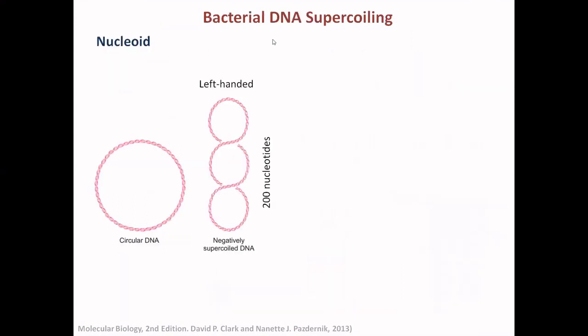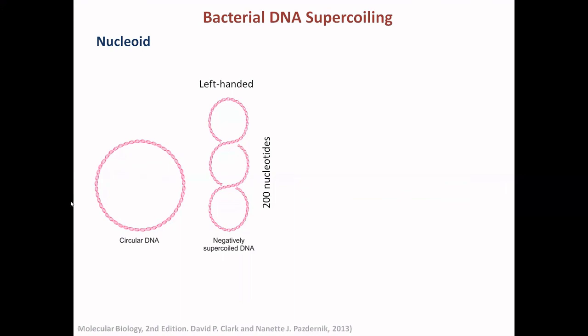So next is how bacterial DNA supercoiling happens, because in one of the previous lectures we have discussed the prokaryotic nucleoid. It is not called a nucleus because they don't have a nuclear membrane. So how does the genetic material of the prokaryotes organize itself?